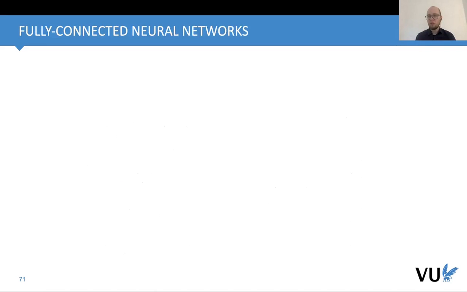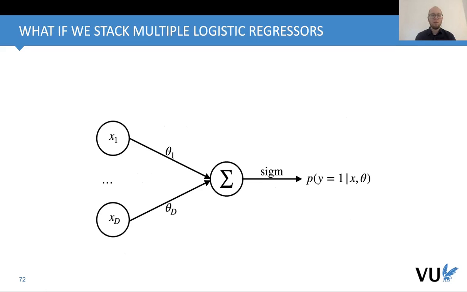At the end of this lecture, I want to make a quick introduction to fully connected neural networks. And we do it immediately now because there is a very nice way of looking at fully connected networks as stacked logistic regressors. Okay, so the question is, of course, what if we stack multiple logistic regressors?